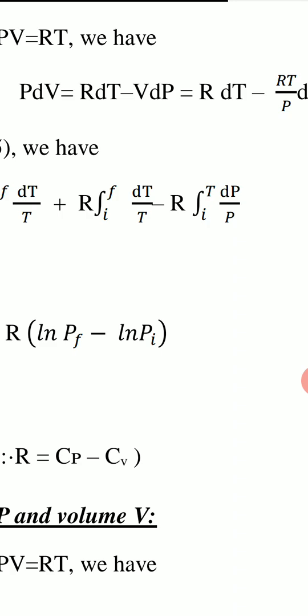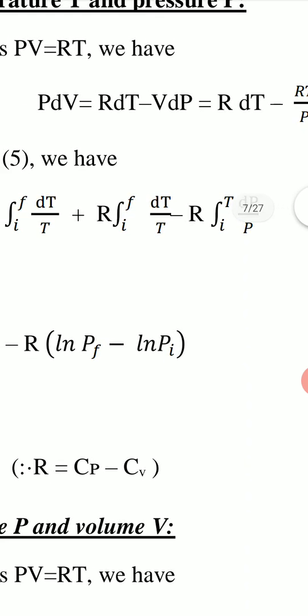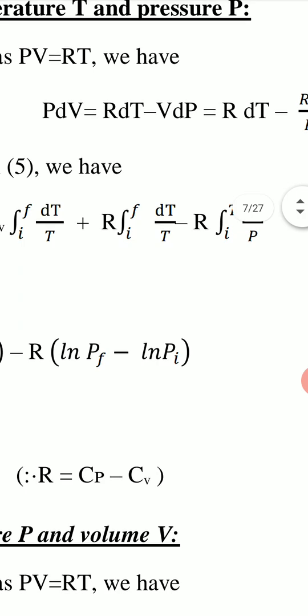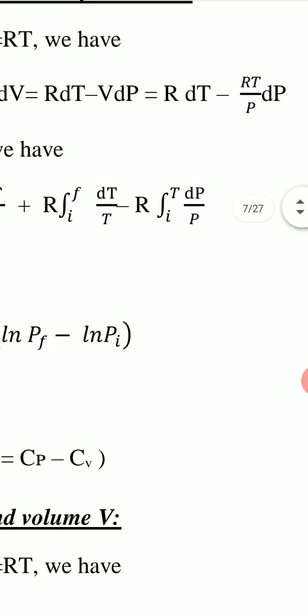Here in this expression, we also again get the variable V. So this V can be eliminated from the relation PV equal to RT. So we put the value of V, that is RT upon P, here. So P dV becomes R dT minus RT upon P dP.